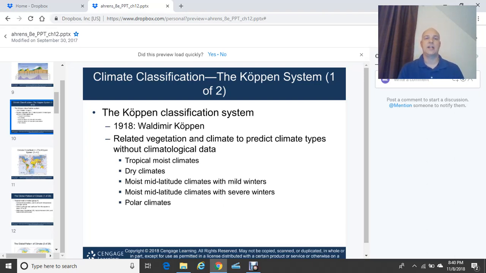So he looked at the vegetation and classified his climates into these groups: the tropical moist climates, the dry climates, the moist mid-latitude climates with mild winters, the moist mid-latitude climates with severe winters, and then the polar climates. So these are the 5 classifications that Köppen used relating vegetation and climate. No climatological data at all.